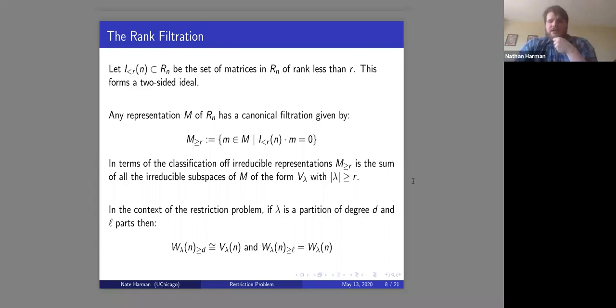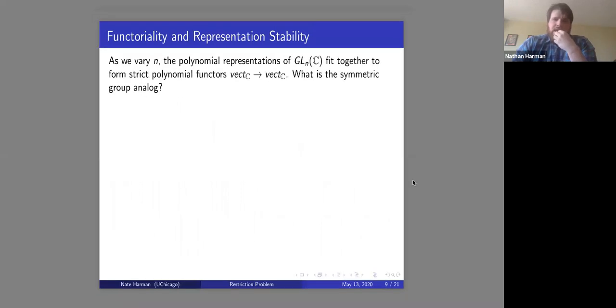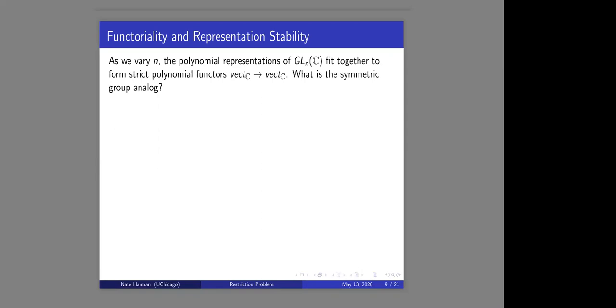It's difficult. All right, that's everything I wanted to say about the Rook monoid for right now, although it'll show up again in a minute. Now I want to talk about representation stability and the functorial nature of this problem. Please show your previous slide for one more second.